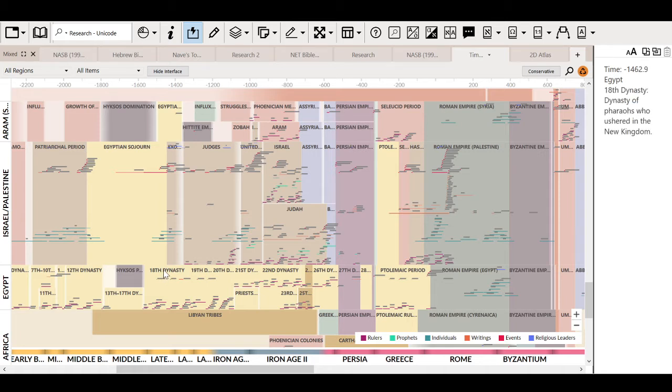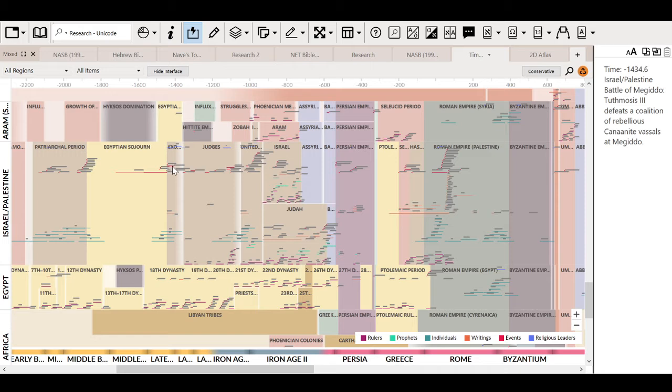So this is the Egyptian civilization. Okay, and then if you go to the Egyptian sojourn here, you will see all these different things. Moses frees Egypt, and then you see the battle of Megiddo as well.